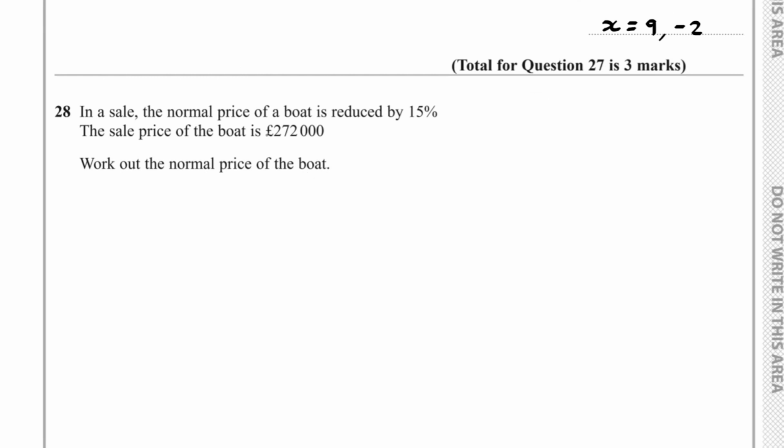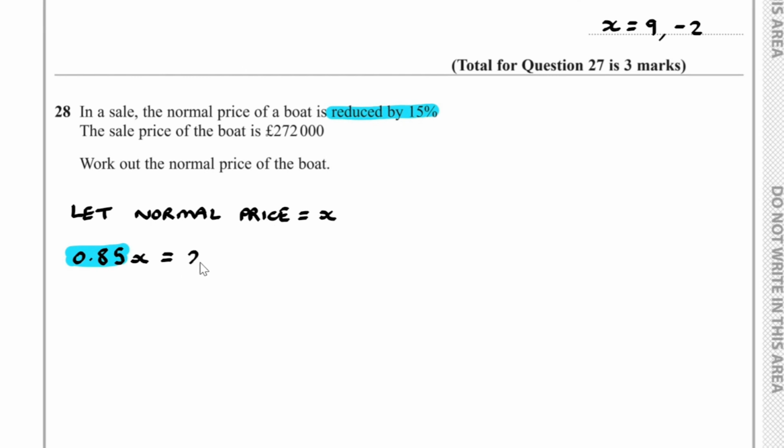Well, if I let the normal price equal x, that means if I'm reducing something by 15%, 85% is left over, which as a decimal multiplier is 0.85. So I've got 0.85x, so the 0.85 comes from the fact that we are reducing by 15%.